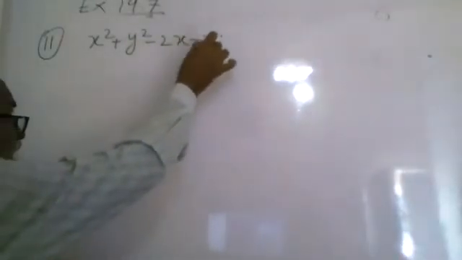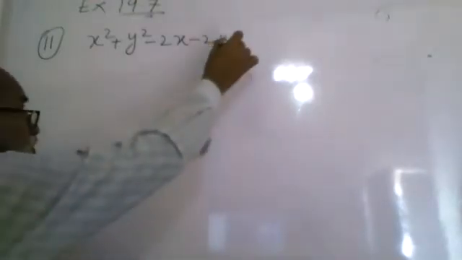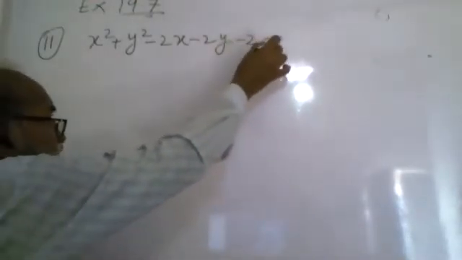Question number 11: x square plus y square minus 2x minus 2y minus 2 equal to 0.